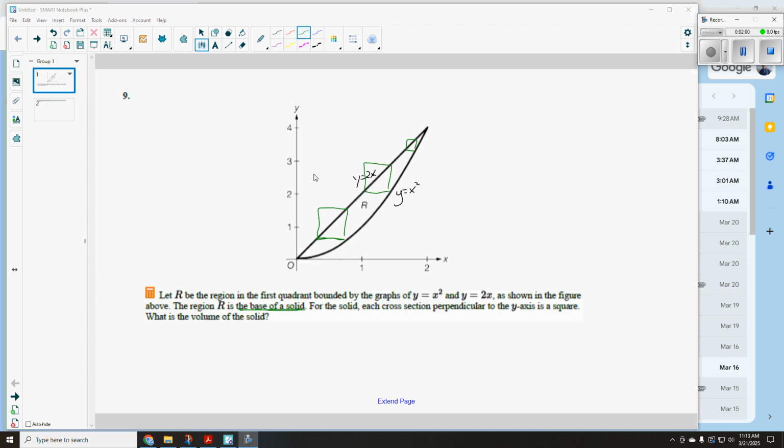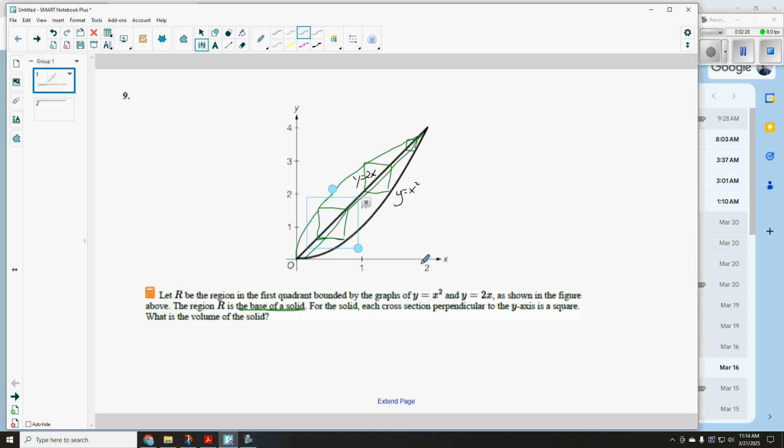So in this case, I am not revolving these lines around anything. Let me see if I can pretend to draw here. It would be kind of like this weird looking solid. You can maybe get a sense of it the way I'm doing it here, and it would come down to there and come down to there.